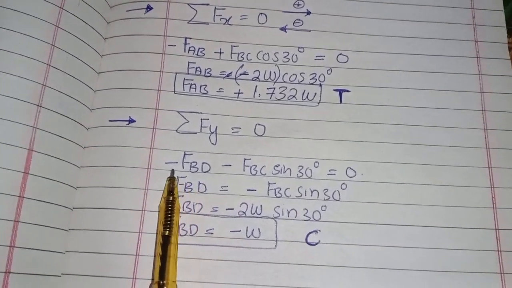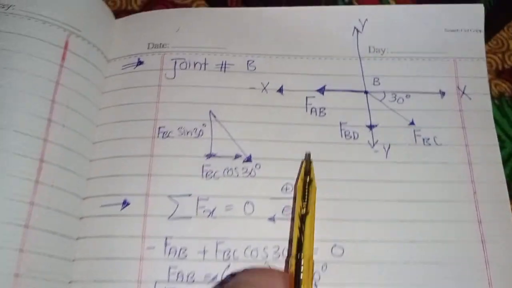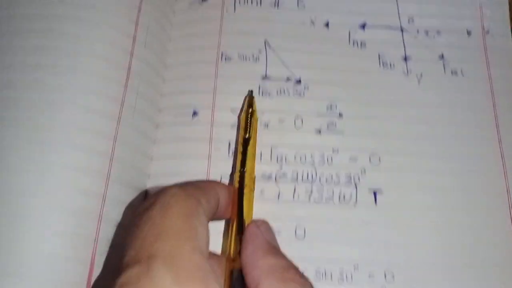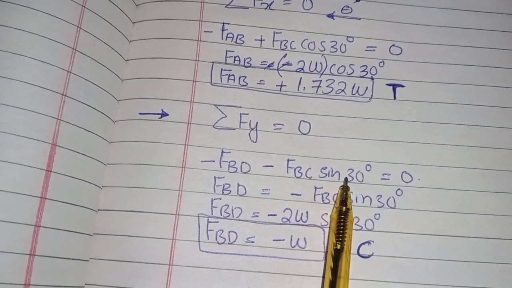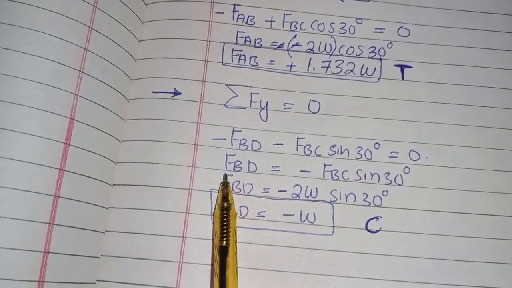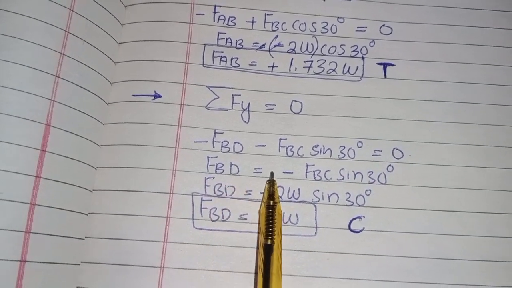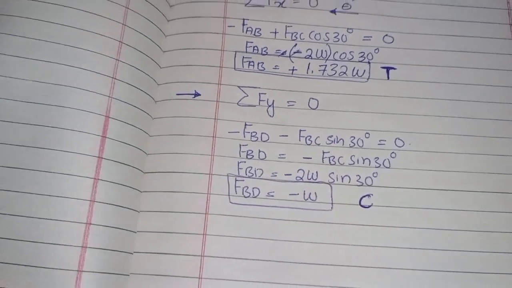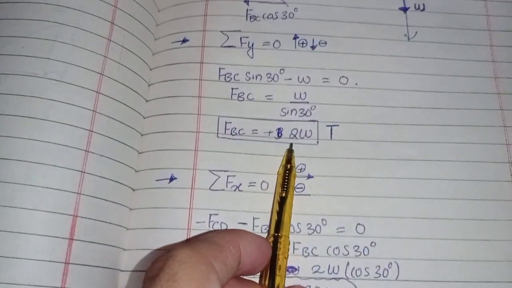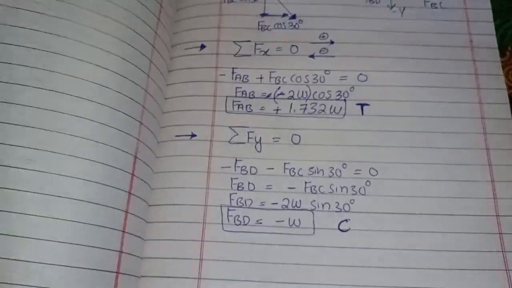So negative FBD, negative FBC sin 30 degree equal to 0. So FBD comes out as negative FBC, and FBC we found earlier equals 2W.